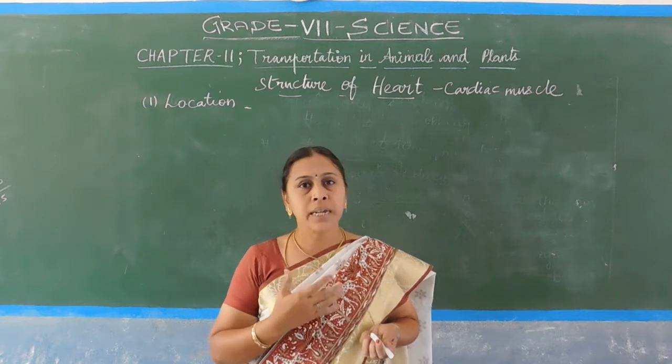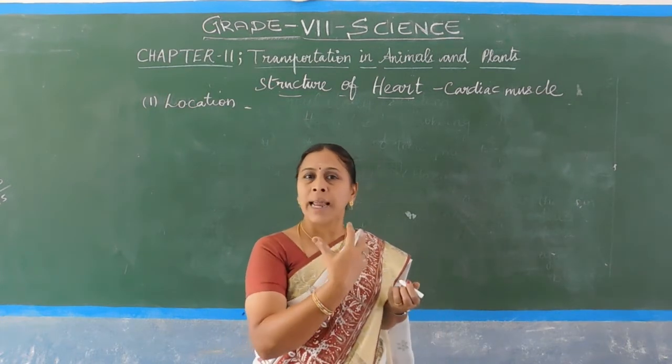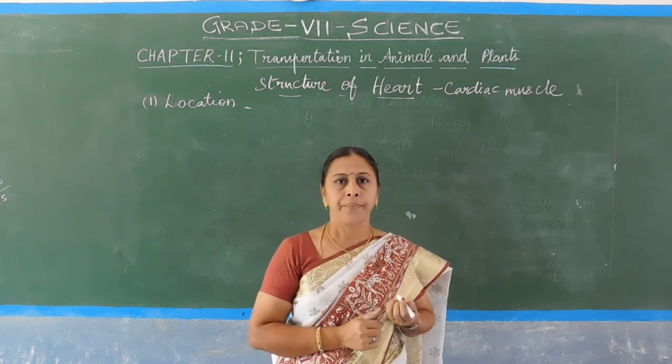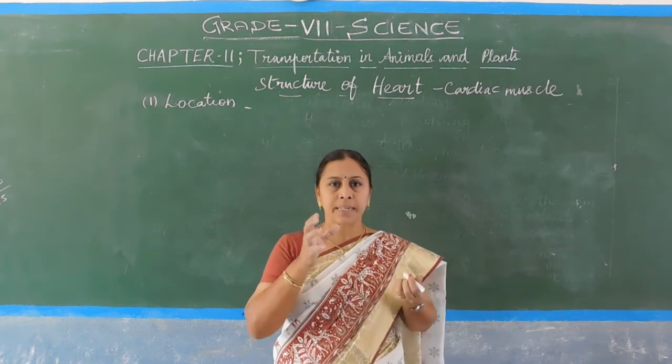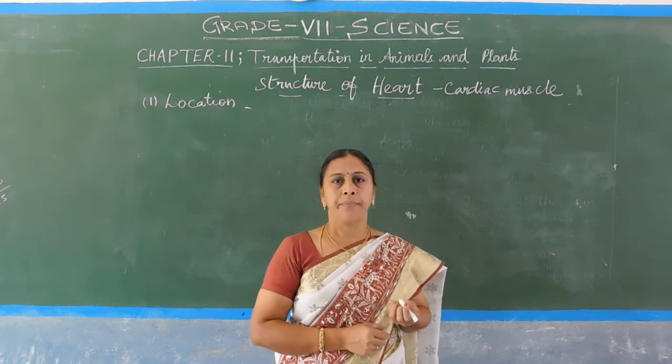It is in the chest cavity, in between the lungs. It is slightly tilted towards the left side of the body. It is present in the center, slightly tilted towards the left.